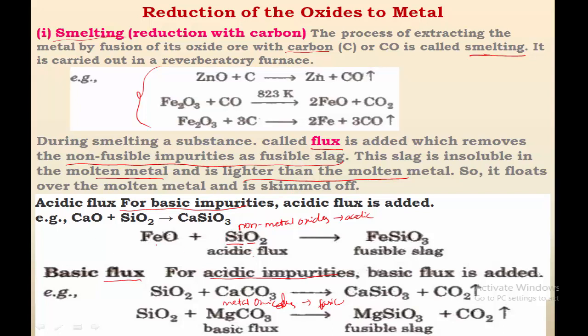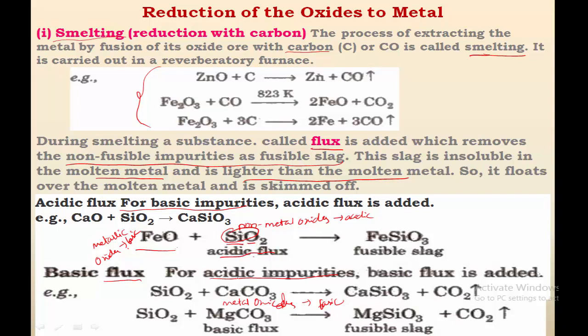So here, see, we have used an acidic flux. Here the impurity is a metallic oxide, hence it acts as a basic impurity. For basic impurities, we will add acidic flux.